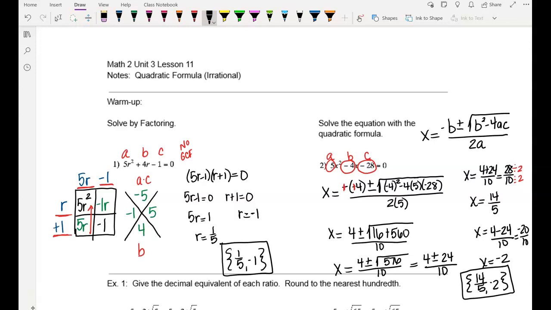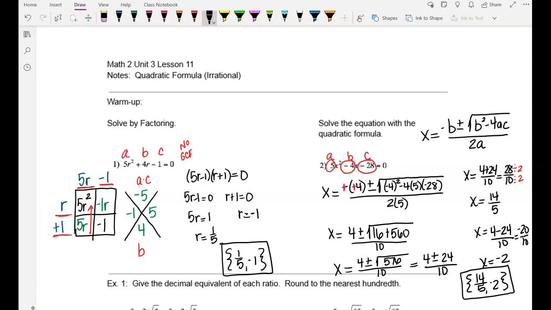So we're going to have some simplifying radicals, which makes this section tougher. We're not learning a new formula, but now we've got to put some other skills into practice, and that's where this one gets tougher. Now, because these answers don't come out as pretty, and I know 14 fifths here isn't necessarily pretty, but you can do the math.